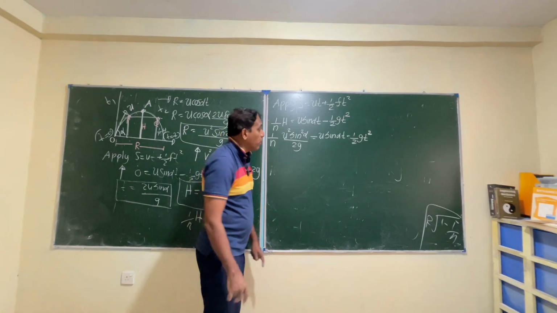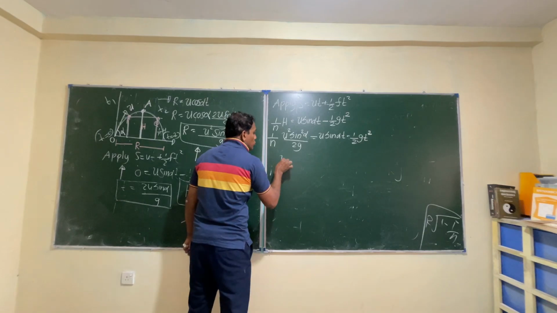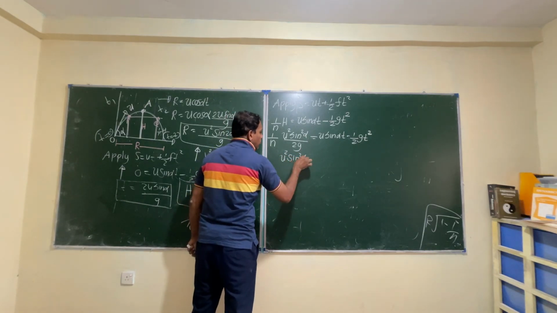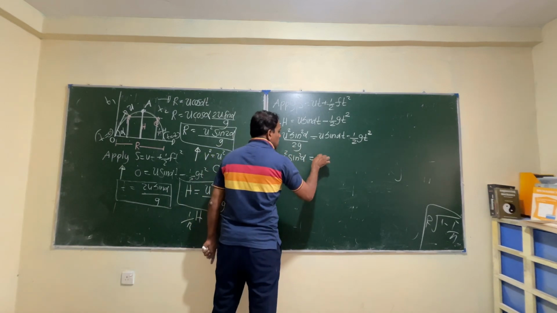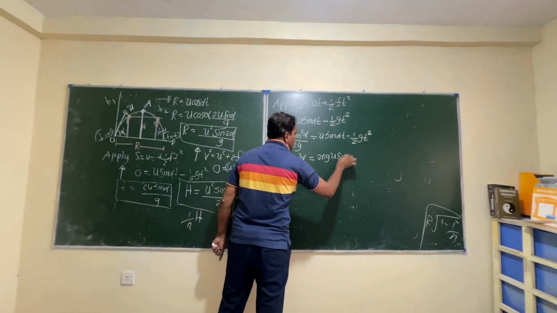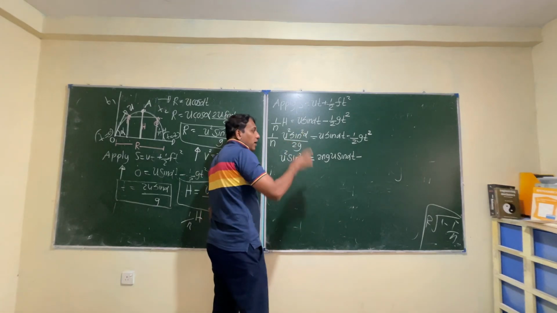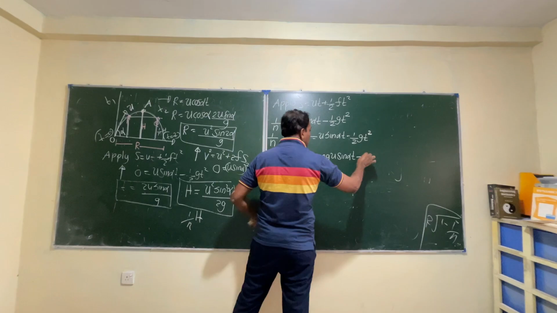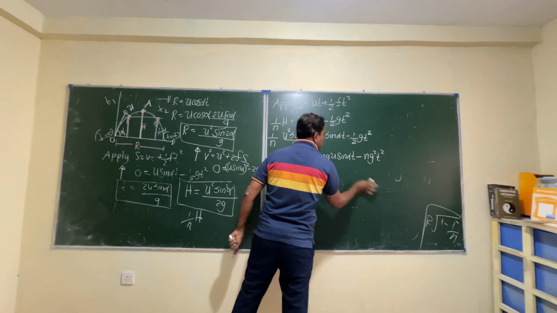If I multiply all parts by that, u square sine square alpha equals 2ng u sin alpha t minus ng square t square. Interesting problem. Multiply by the LCM in every part, so the 2 cancels.